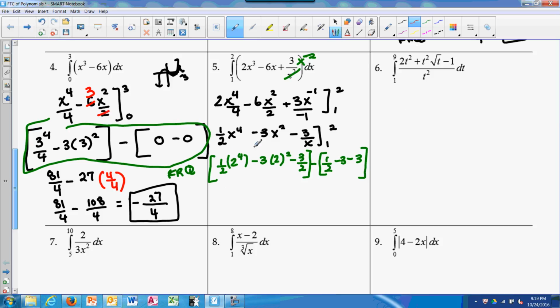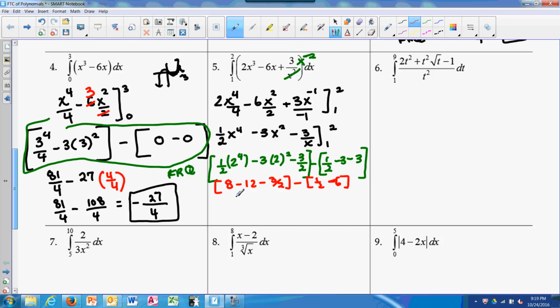Simplifying for my multiple choice, I end up with 8 minus 12 minus 3/2 minus 1/2 minus 6. So this is when on a multiple choice those parentheses become very handy.